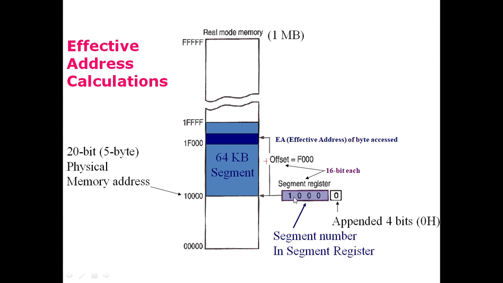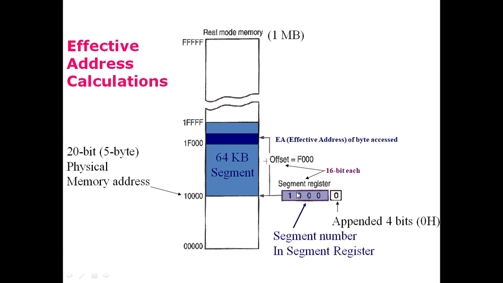We would get the value 10000. This value is the starting address of the segment, calculated by appending a 0 on the right side of the segment number taken from this segment register.